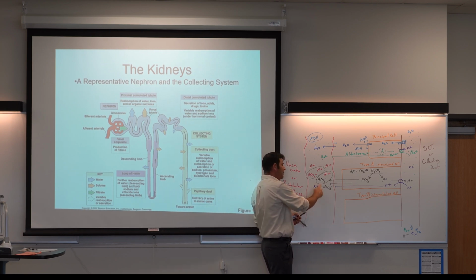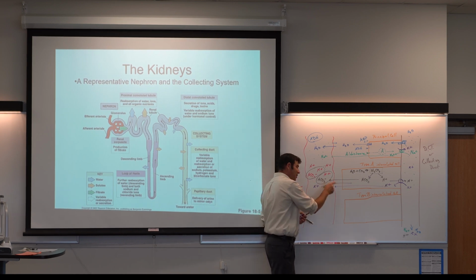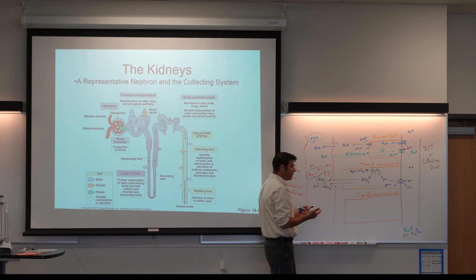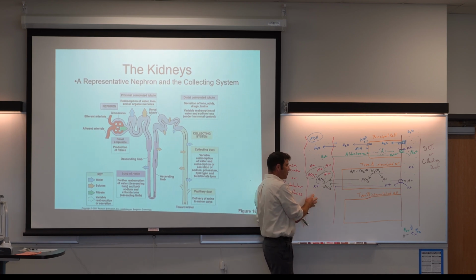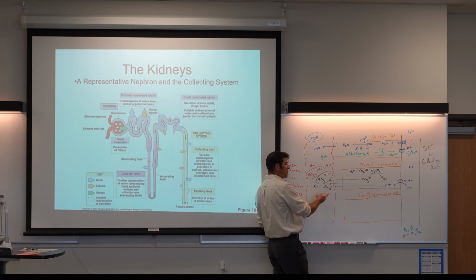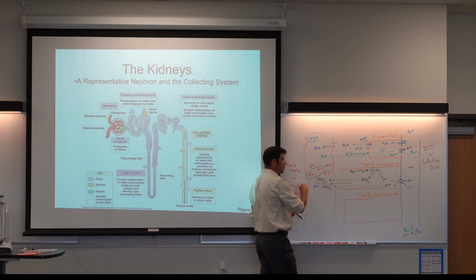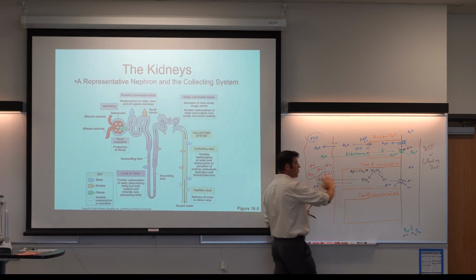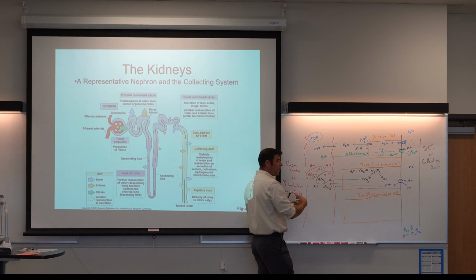And if there are too many of these potassium ions, it's hyperkalemia. If type A intercalated cells are operating for a prolonged period of time, it can lead to hyperkalemia, an excess of these potassium ions in the bloodstream. That's because these cells are trying to compensate for the blood being too acidic. They're getting rid of those hydrogen ions and just replacing it with a potassium ion.